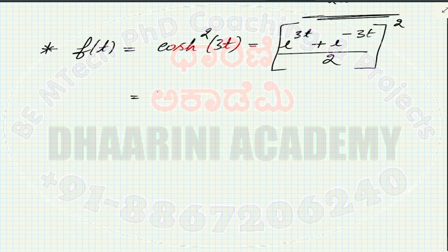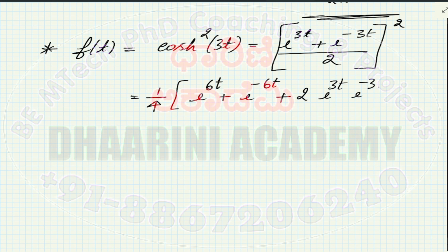So 1 by 4 will come out. 1 by 4 into e to the 3t square, it's a square, e to the 3t square is e to the 6t. Then b square is the second term, that is e to the minus 6t, plus 2 into a into b, so 2 into e to the 3t e to the minus 3t.